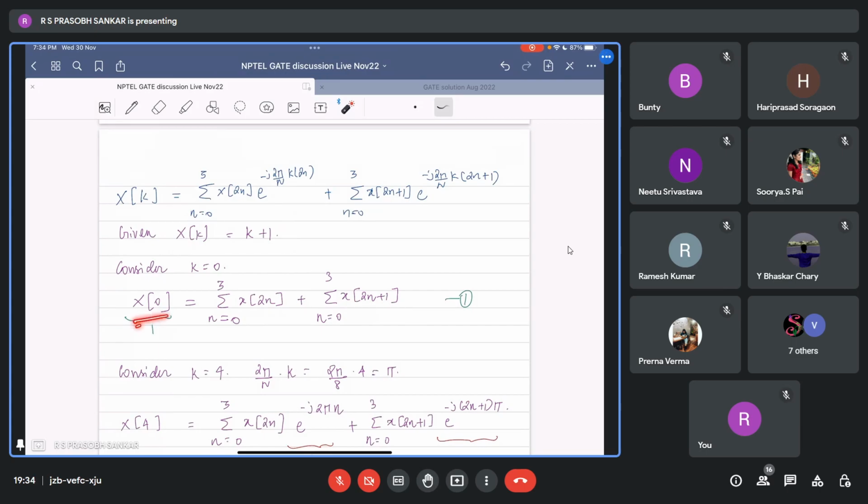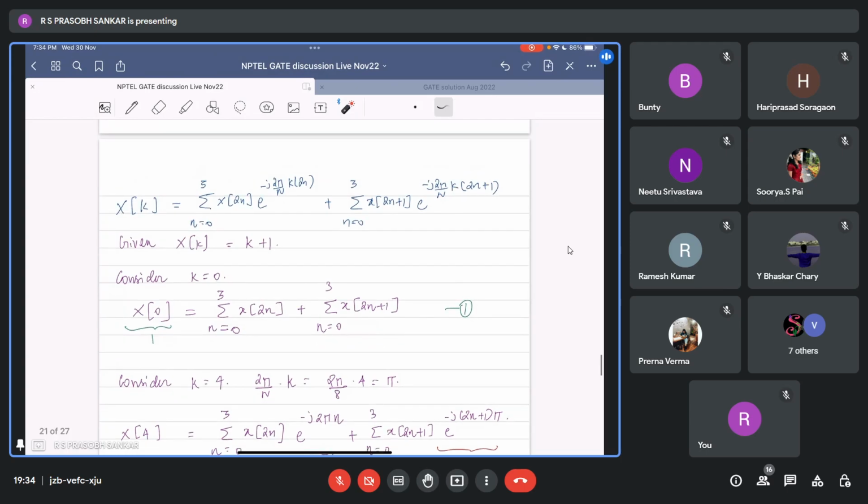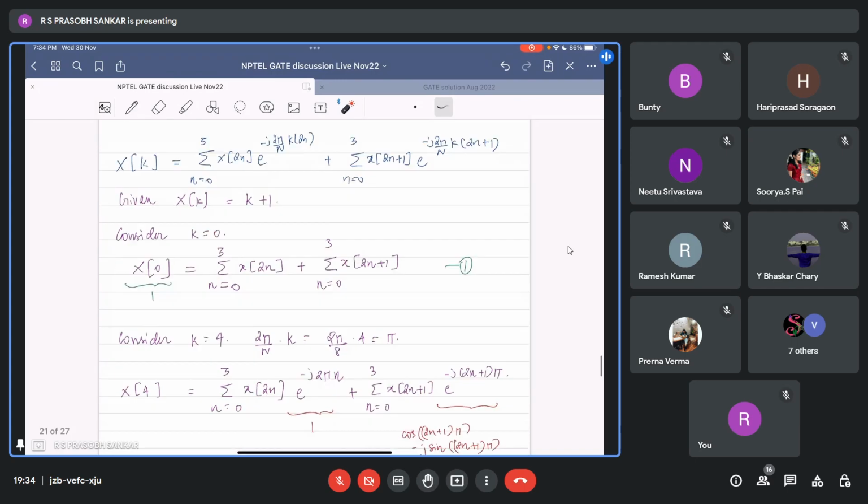So what do we have here? We have x of 0, which is 1, given by summation over n x of 2n and summation over n x of 2n plus 1. Now, I want the value of this term. For that, I can choose a value of k so that the first term is the same, but the second term has a negative.